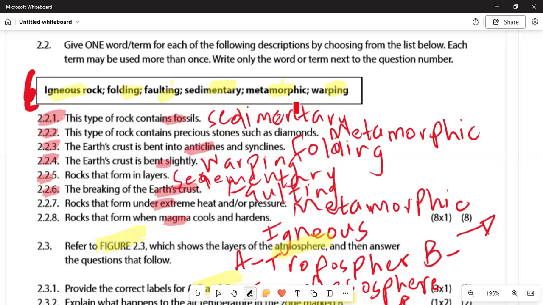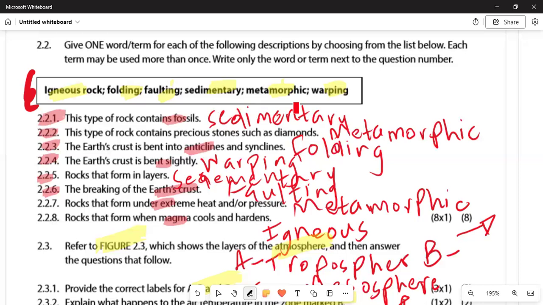In 2.2.5, rocks that form in layers, it is called the sedimentary. And in 2.2.6, the breaking of the earth crust, it is called the faulting.